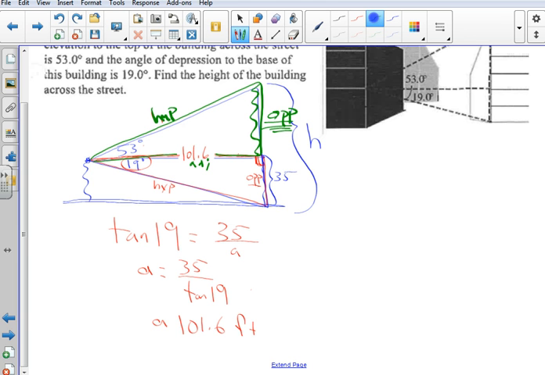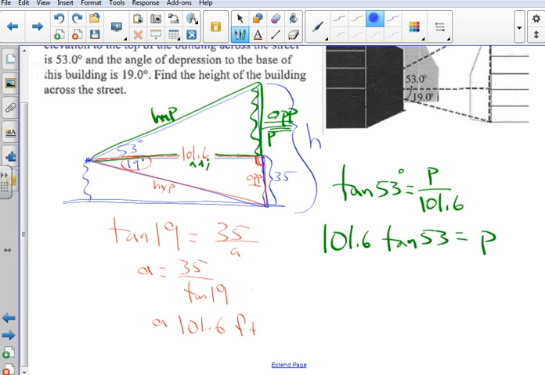So opposite and adjacent again, it's tangent again. So the tangent of the 53-degree angle is equal to the opposite side, I'll just call it P, over the adjacent, which is the 101.6. So 101.6 times the tangent of 53 will give me P.